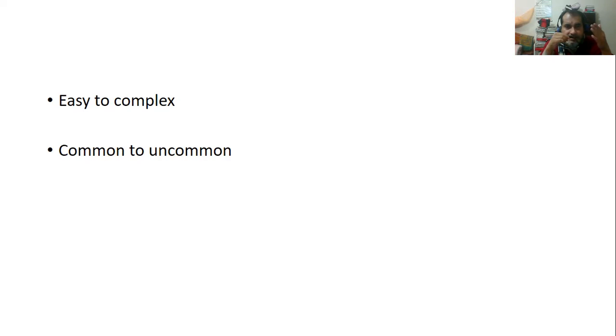So day by day your stock of prepositions will increase, and at some point you'll find that you have learned so many prepositions, and this will not go away from your memory. This will be hardened in your memory, and you'll hardly forget these prepositions. So this will be the better strategy to learn the prepositions.